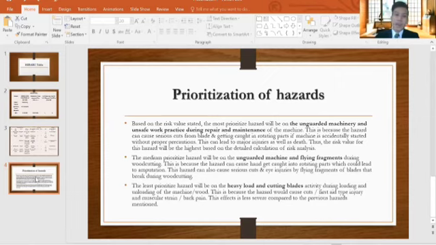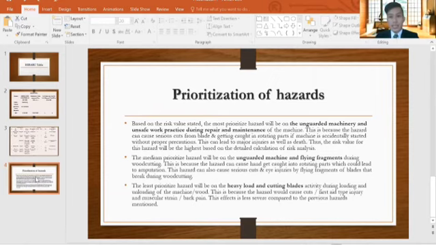So here, as you can see in my slide, the prioritization of hazards is stated as below. Based on the risk value stated, the most prioritized hazard would be the unguarded machinery and unsafe work practice during repair and maintenance of the machine.